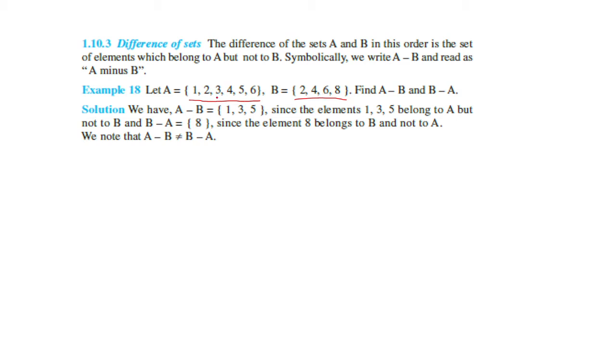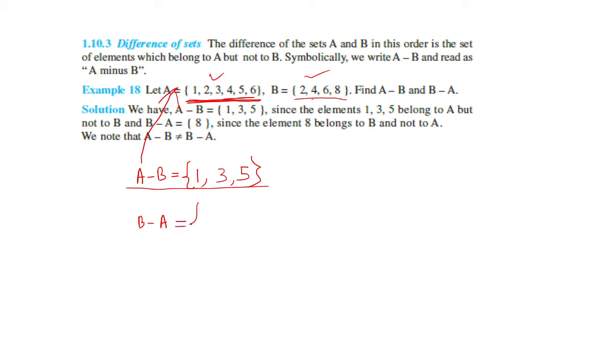So A minus B is the elements that are present in A but not present in B. That means if you compute A minus B, then you are asked to take all those elements from A. You notice what you have written, whether it is A minus B or B minus A. So if you write A minus B, then you give a look to A, not B, and try to find all those elements from A which are not present in B. So 1 is not present in B, 3 is not present in B, and 5 is not present in B. This is A difference B.